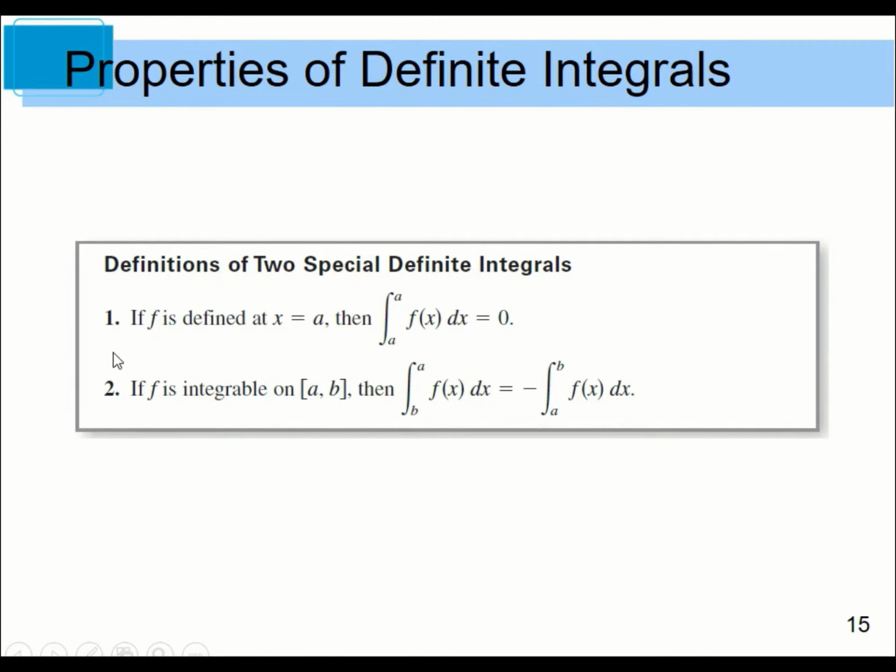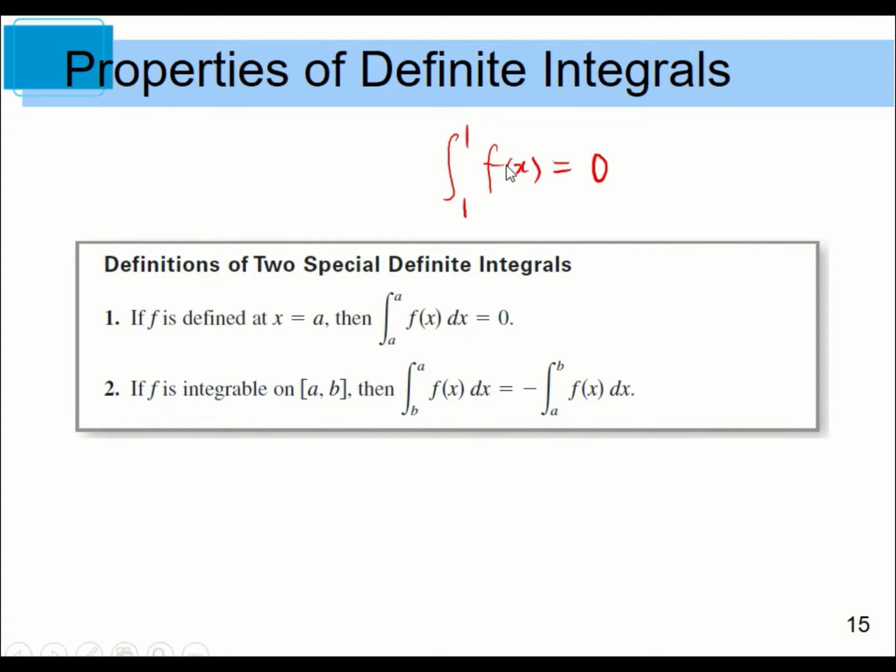Number one, if we integrate the function from a to a, we will always get 0. The a is actually a number, so it means that if we integrate any function from, let's say, 1 to 1 or 2 to 2 or 10 to 10, any value, but they are the same value, we always get 0.